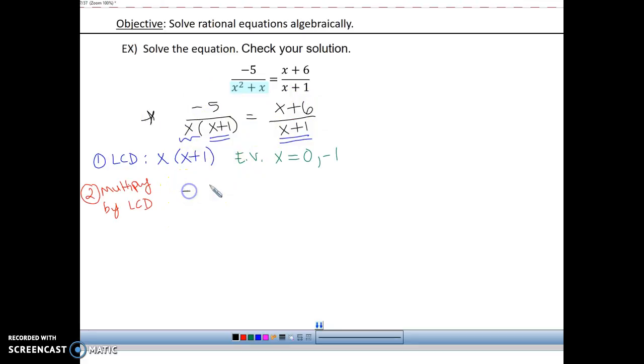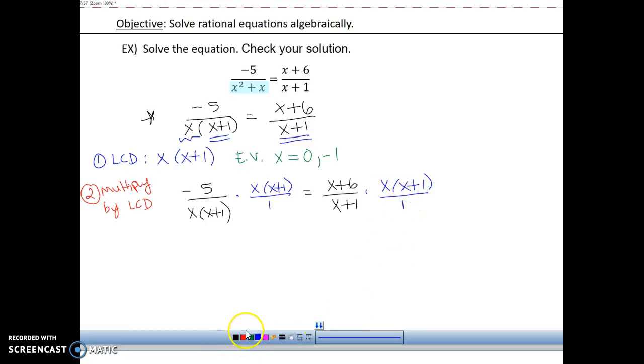So I'm going to do -5 over x times x plus 1 times my LCD, which is x times x plus 1 all over 1, equals x plus 6 over x plus 1 times the LCD, which is x times x plus 1 over 1.